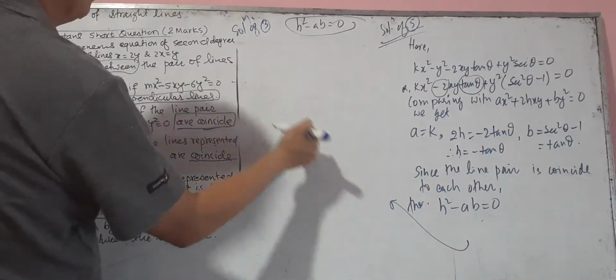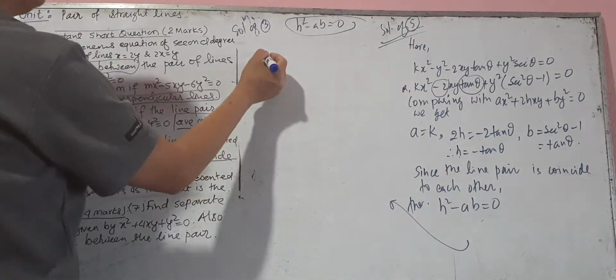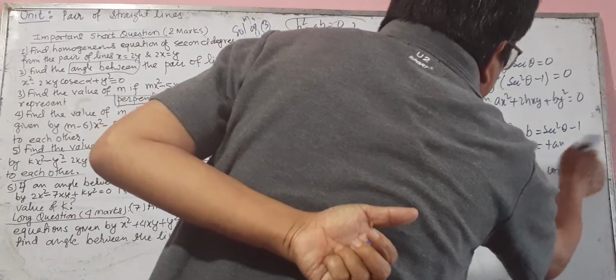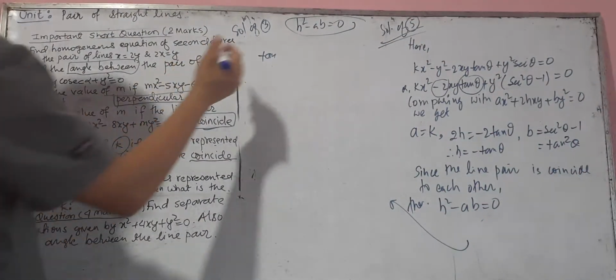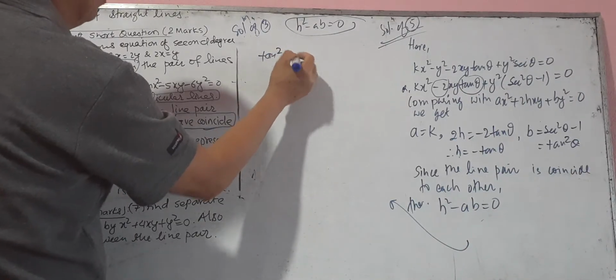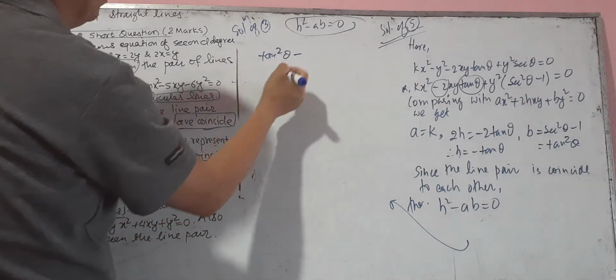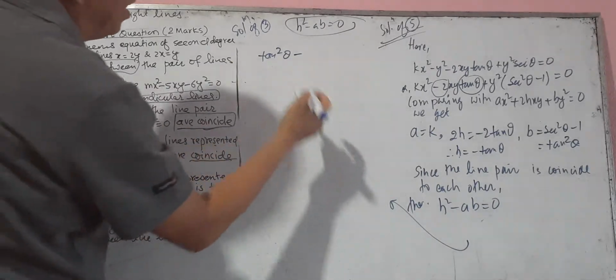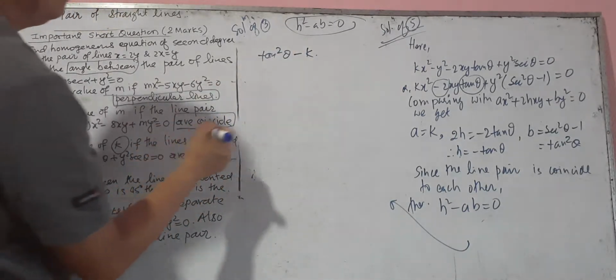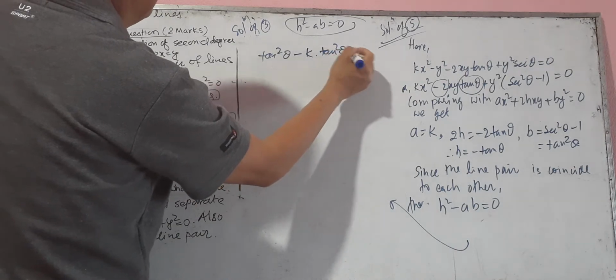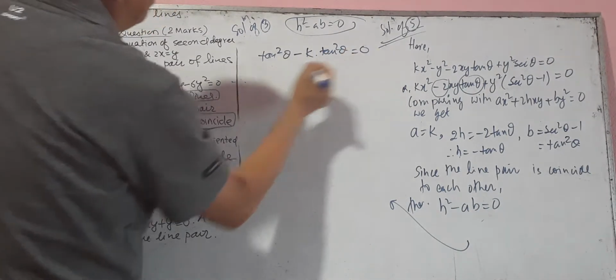Here the value of h is minus tan theta. One thing to remember: sec square theta minus 1 is tan square theta. So h square is tan square theta, the square of minus tan theta is tan square theta, minus the value of a is k times, and the value of b is tan square theta, and this equals 0.